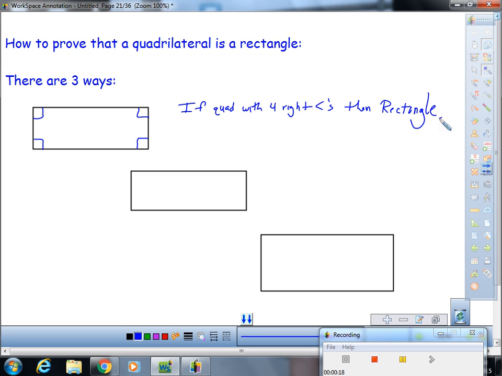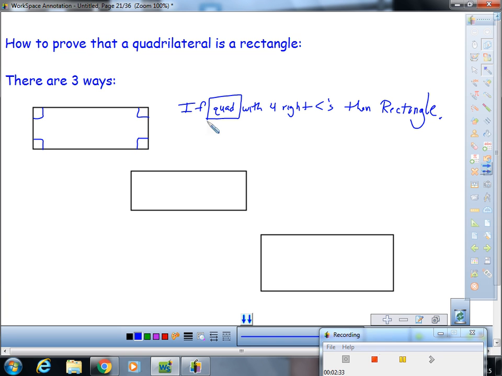So yes, you are going to have to write out those words in your proof. What I'm not going to do is write that out for every one today, I don't think. Okay, so I want you to pay close attention to the second word in each of these statements.